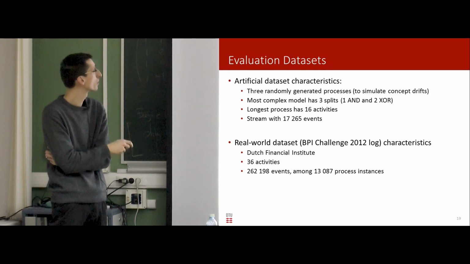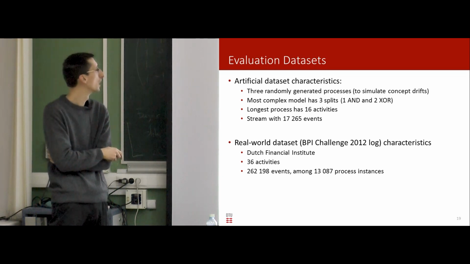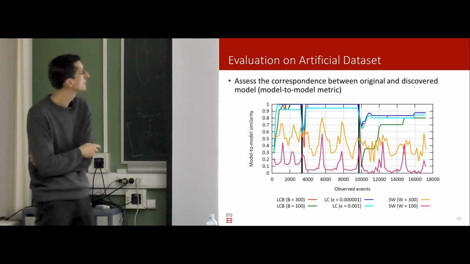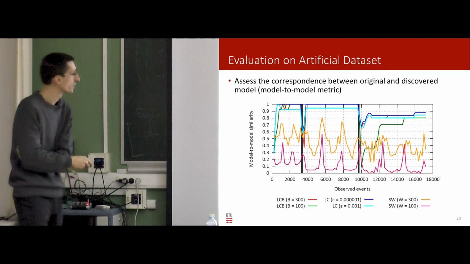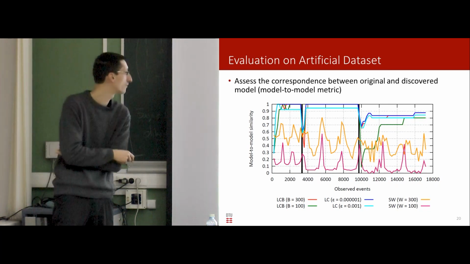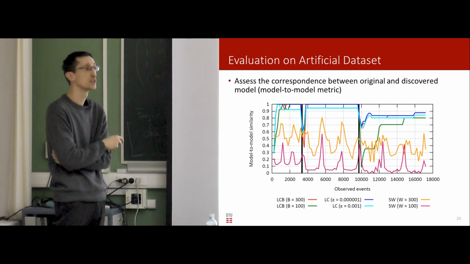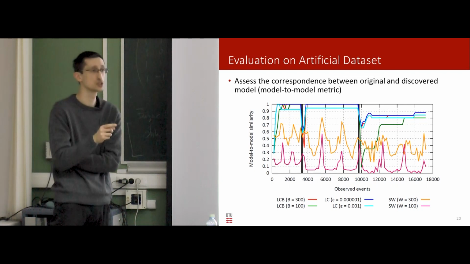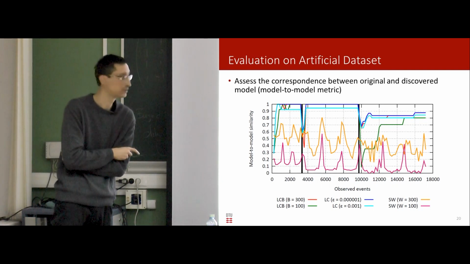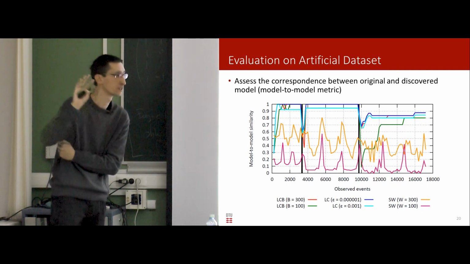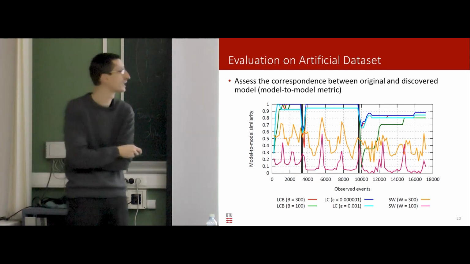We tested this approach against a few data sets, artificial and real ones. So let's go to the performance. In this chart we have a model-to-model similarity, where 1 means that we're able to discover the perfect model, and 0 means that we're discovering just something that is not really related.